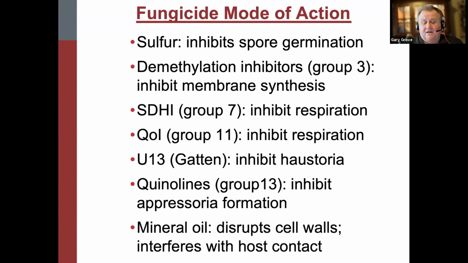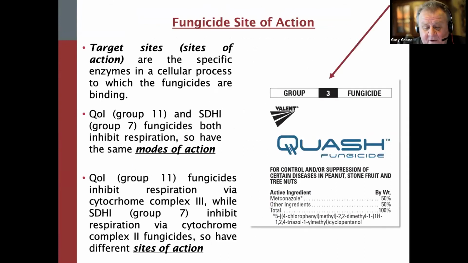Again, the haustorium is that structure the mildew puts down into the leaf to steal nutrients from the host. The quinolines, or Quintec, group 13, inhibit appressoria formation. The appressorium is a little platform the fungus forms on the leaf surface when it's trying to get into the leaf, and without which it can't get in. And then mineral oils disrupt cell walls and interfere with host contact.